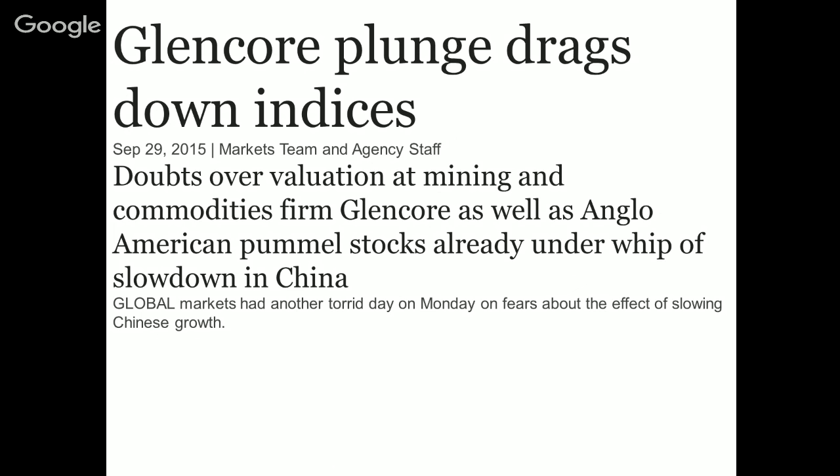We ended with this article on the screen, the Glencore one, where we drew the exchange rate movements. You're all with me? Okay, so we're busy asking ourselves, what impacts the exchange rate in South Africa? We know that the exchange rate is determined by demand and supply of the currency.